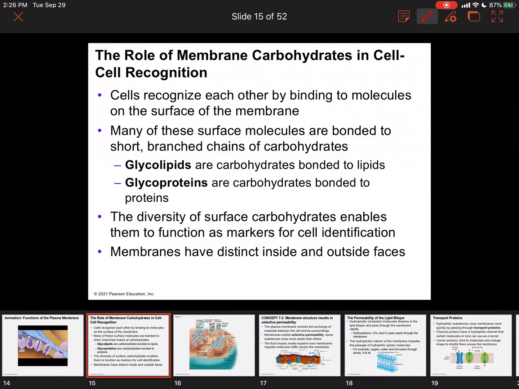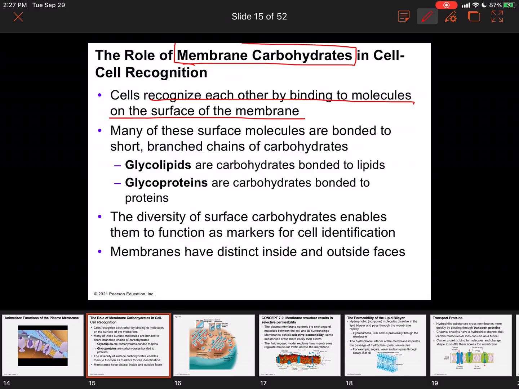It says the role of membrane carbohydrates in cell-to-cell recognition. So what do we have carbohydrates for in the cell membrane? It says cells recognize each other by binding to molecules on the surface of the membrane. It says many of these surface molecules are bound to short branched chains of carbohydrates.